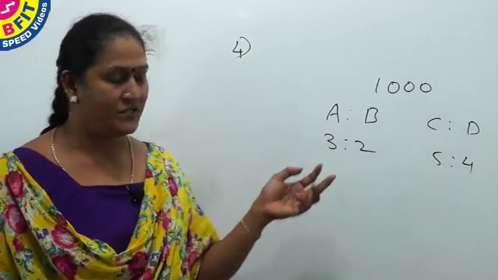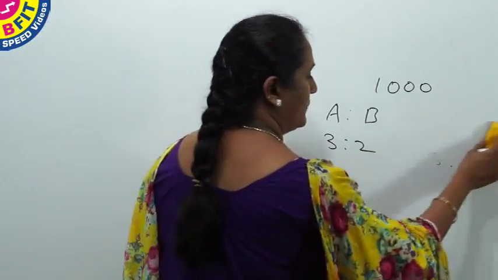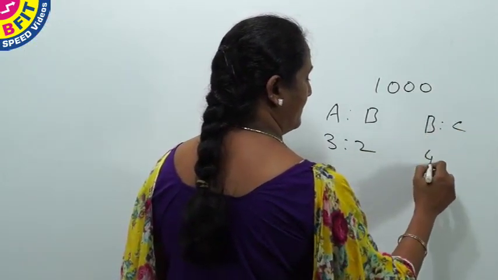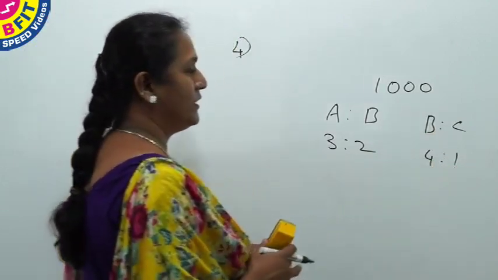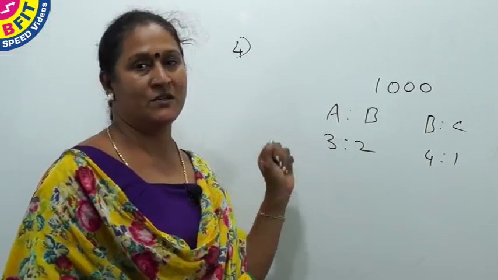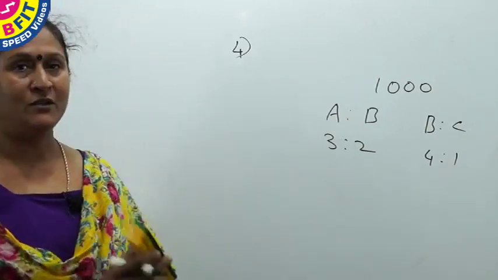Instead, if it is given for B and C, then as they are in continuous proportion, we can combine this into a single ratio and find it out.